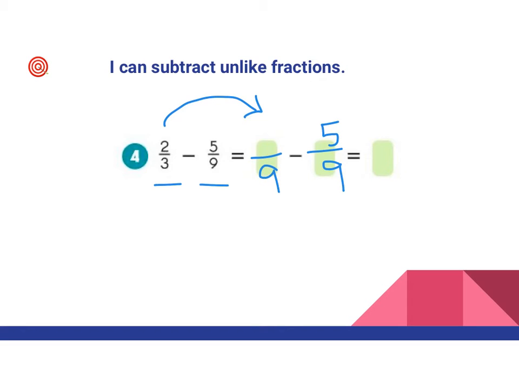Let's see. 3 times 3 would equal 9, so 2 times 3 would be 6. So my problem now is 6/9 minus 5/9 would equal 1/9. Is that answer in simplest form? Yes, I wouldn't be able to divide both the numerator and denominator by the same number.